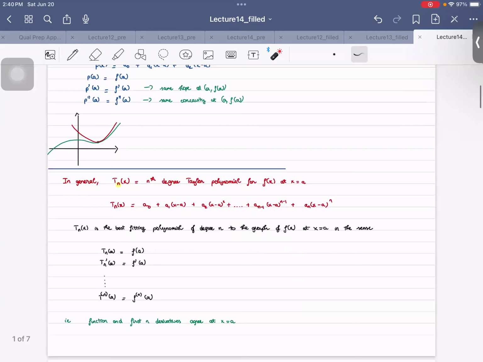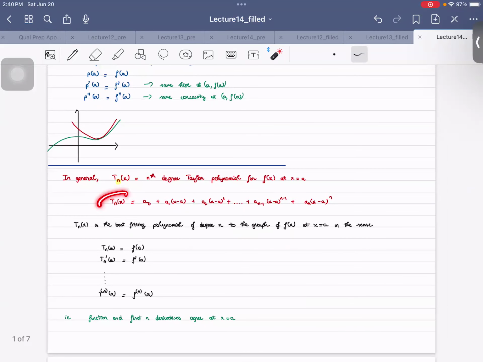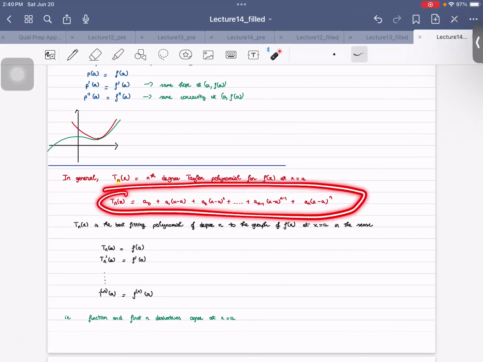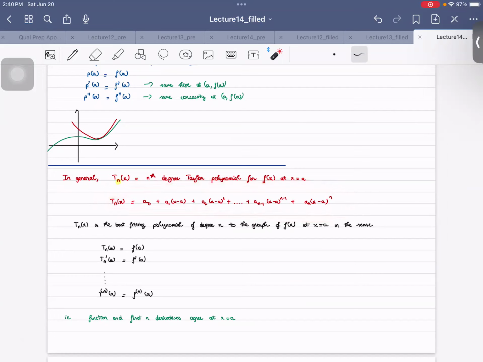And the thing is, your approximation will carry the information of your original function, in the sense that it will carry the information of all of the derivatives. Firstly, the output of your approximated polynomial will be the same as the output of your original function.